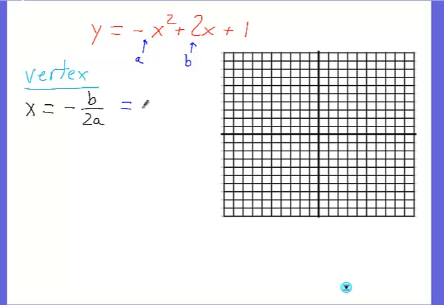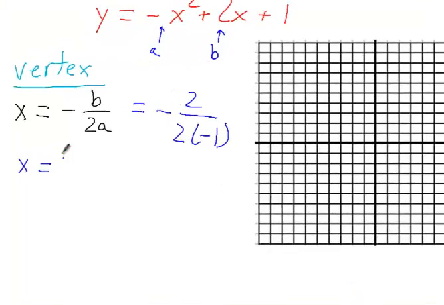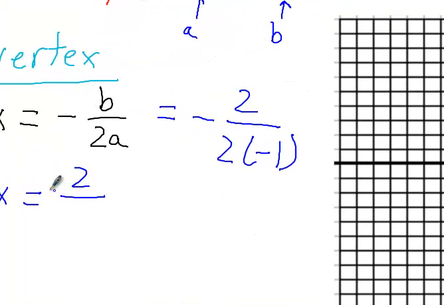So for our problem, it's going to be negative 2 over 2 times negative 1, because a is negative 1, the coefficient of x squared, and b is 2. So we simplify: 2 times negative 1 is negative 2, over negative 2, which simplifies to a positive 1.